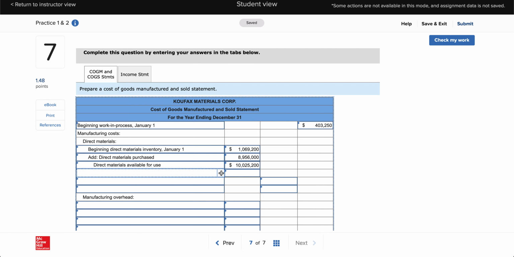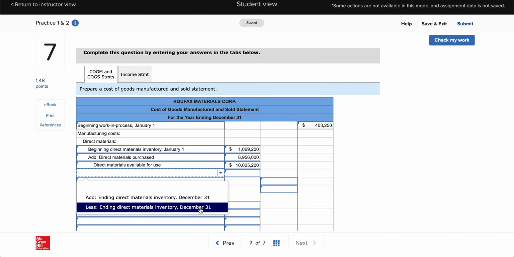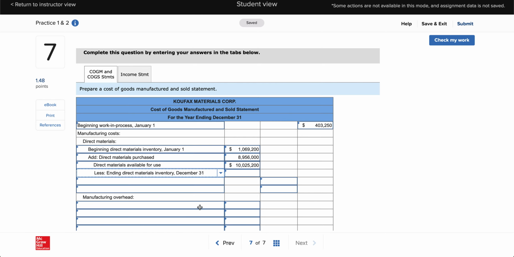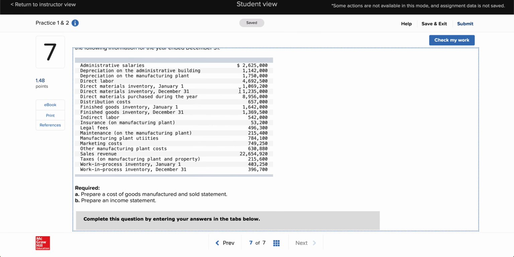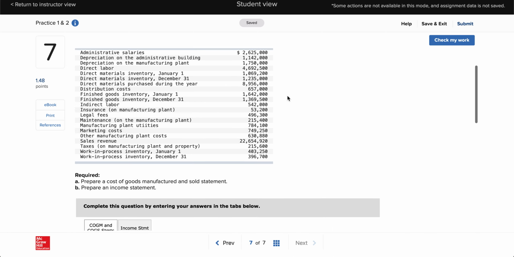And then I'm going to subtract the ending direct materials inventory balance. In managerial accounting, you might be used to seeing this as raw materials instead of direct materials. So that number, if we look back up top, the ending is 1,235,000.